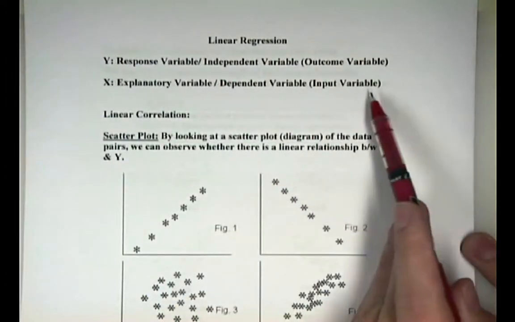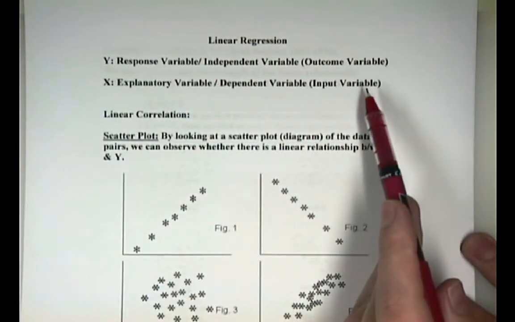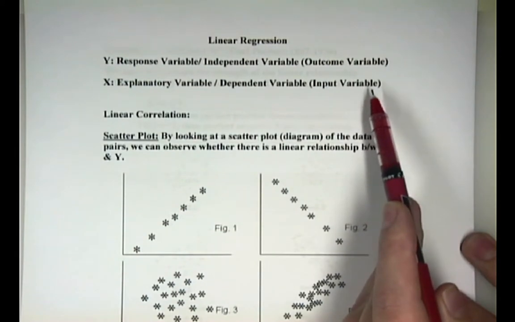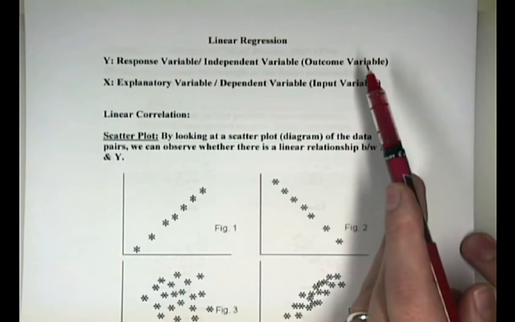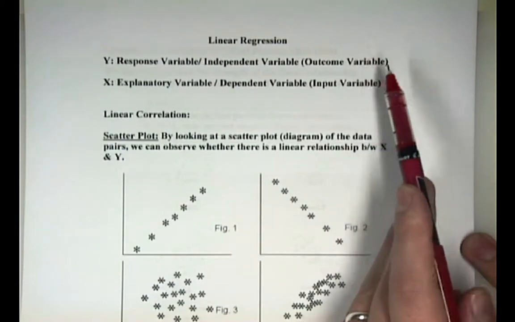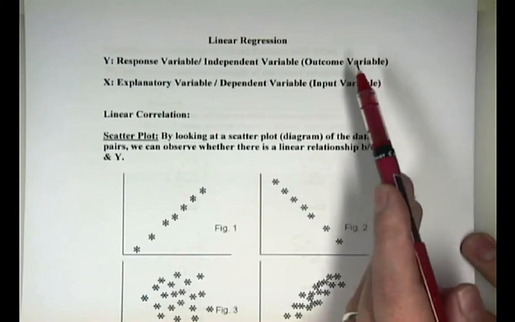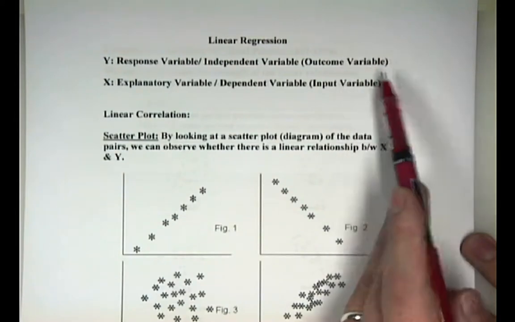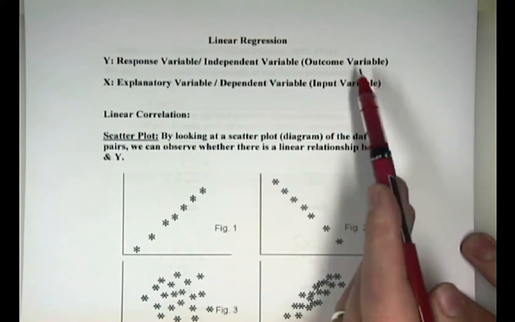So in my mind, I let x be the input variable because that's what I can control and that I can put into the equation, and y be the outcome variable because that's the variable that is the output, or that is what you get out of your equation. Okay?